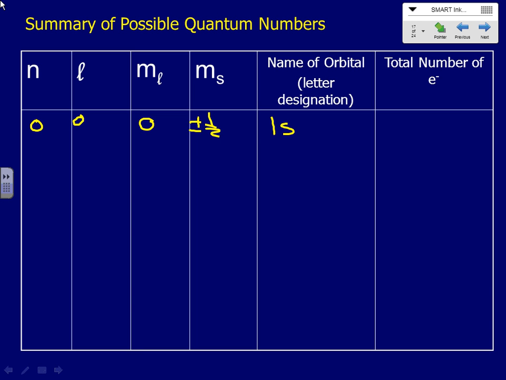The 1 comes from, look at what I did there. Does anybody see what I did there? That's why this didn't make any sense, because you can't have n equals 0. You can't have an energy level of 0. There's our problem.